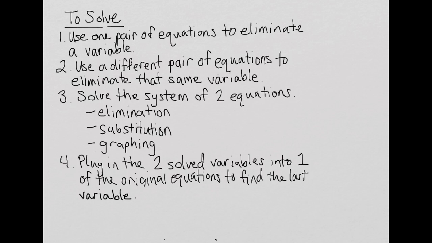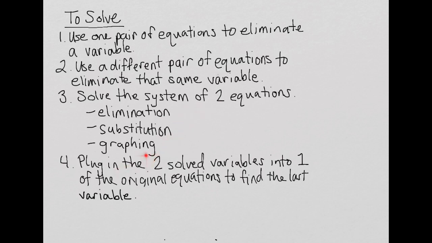The reason is we want to come up with two equations that have the same two letters in them. That way, for step 3, we can solve the system of two equations using methods that we already know how to use, whether that's elimination, substitution, or solving for y and solving by graphing. We know how to do those.